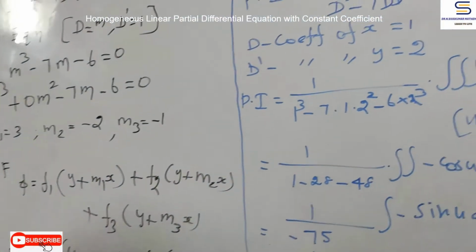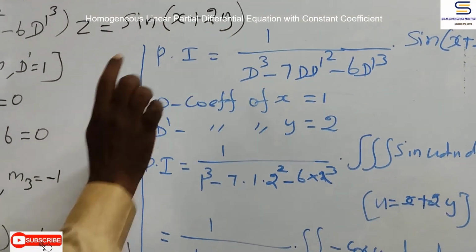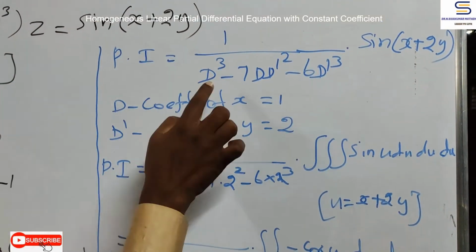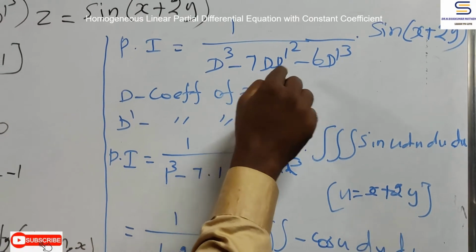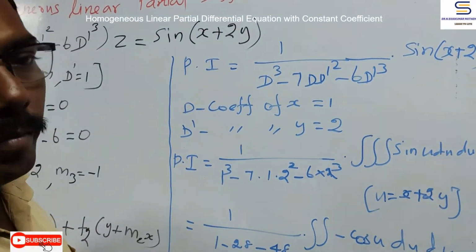The next step, we have to find the particular integral, that means PI. For that, take the reciprocal, 1 divided by D cube minus 7 D D dash square minus 6 D dash cube, into sin of x plus 2y.